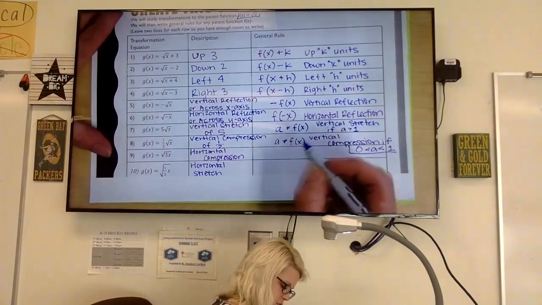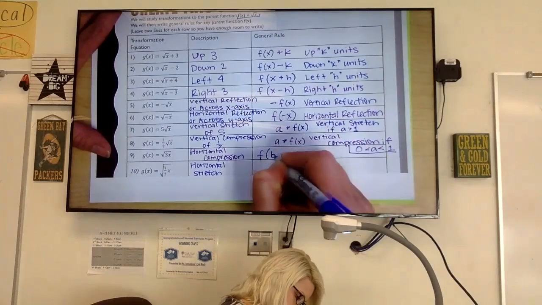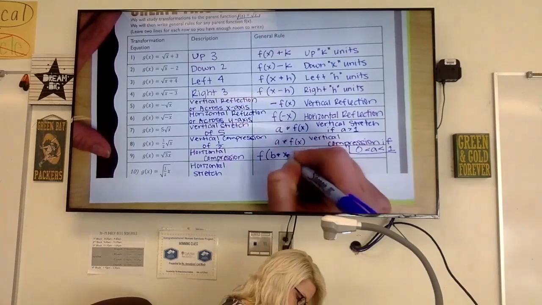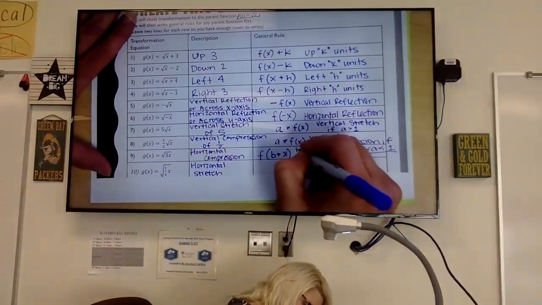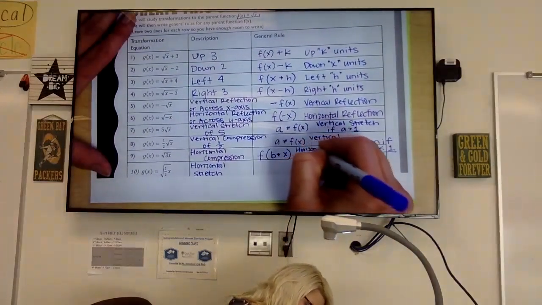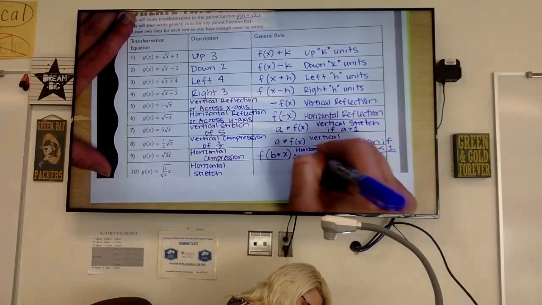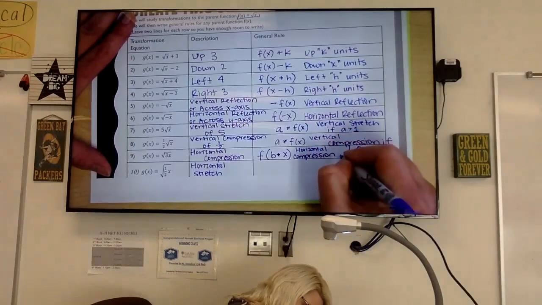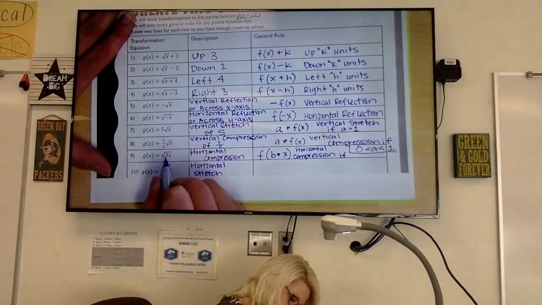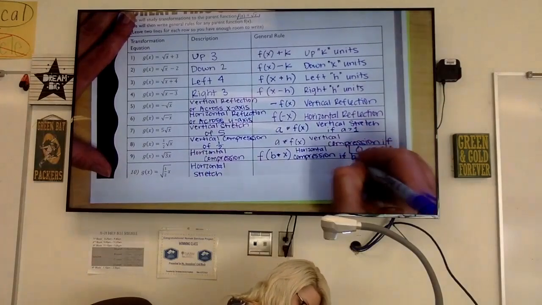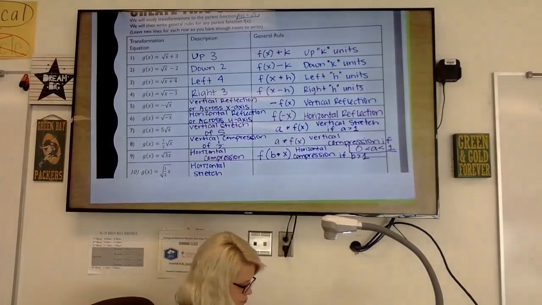So we can say for our general rule, if I see a number being multiplied inside, we'll call that b, being multiplied by the x, then it's going to be a horizontal compression if that b value is big. So if that b value is greater than 1, it is going to be a compression.